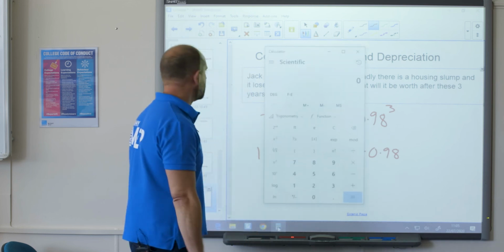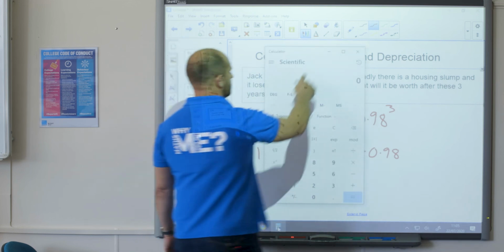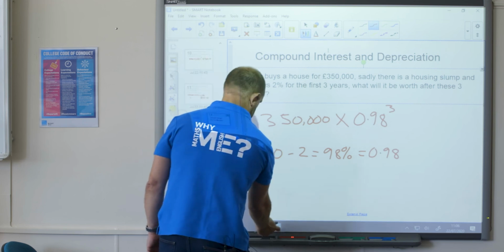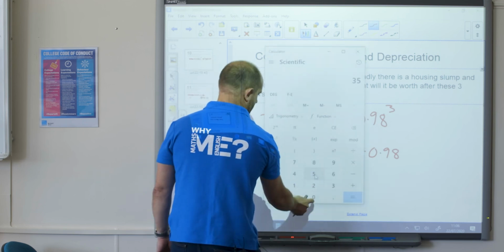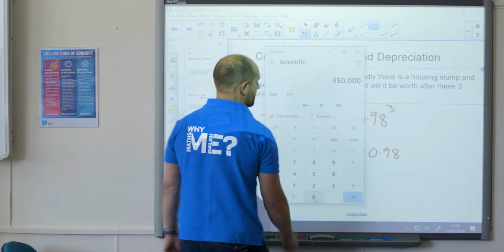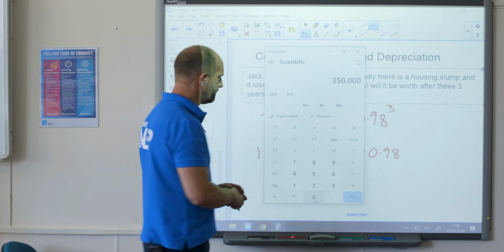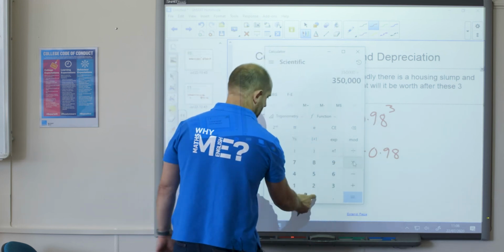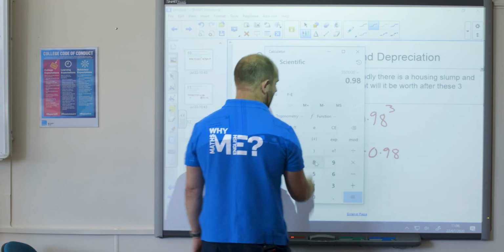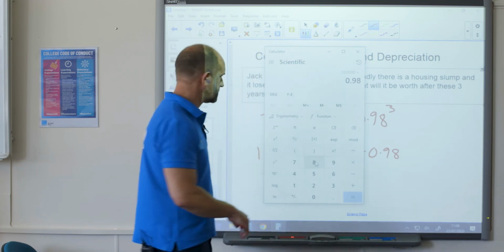So into our calculator then, we've got £350,000, the cost of the house, multiplied by 0.98, that's the 2% loss.